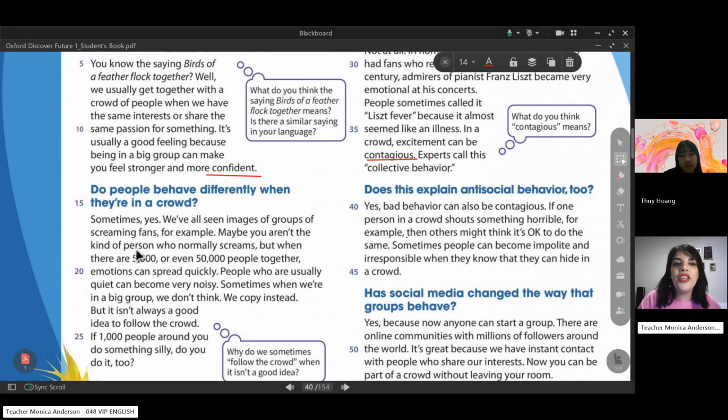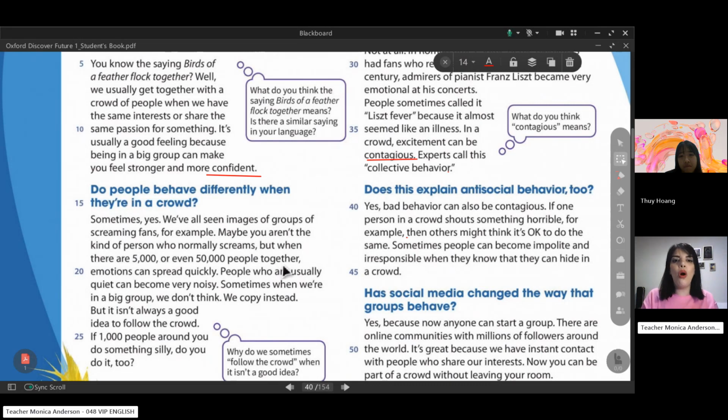Sometimes, for example, we see some screaming fans. They're screaming and shouting, and of course it's not normal. Maybe it's okay if you are a few people.